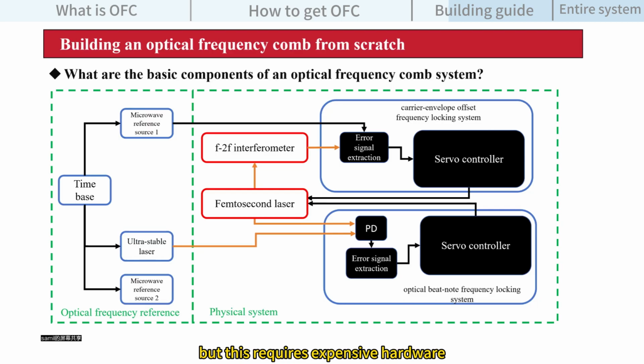But this requires expensive hardware that most labs don't have. So the more common method is to lock the cavity length to a single neutral stabilizer, which can reduce the noise, narrow the bandwidth, and improve the stability.